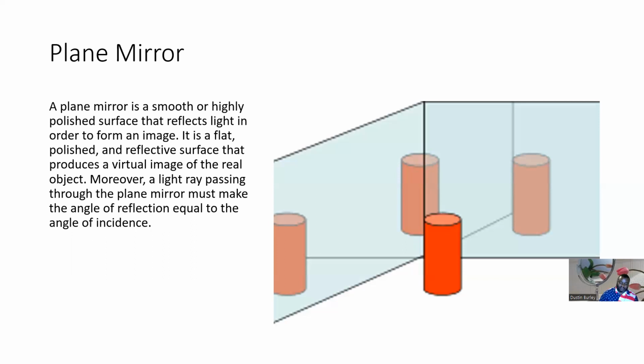When light strikes the mirror, the coating reflects the light. Because the coating is smooth, regular reflection occurs, and a clear image is formed. The image is a copy of an object formed by reflected rays of light.